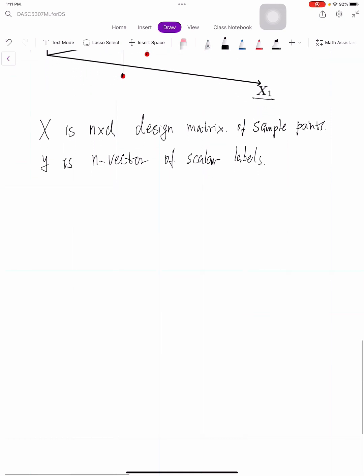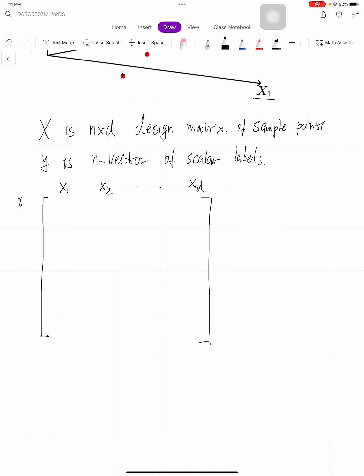For example, your data is usually summarized in an Excel file, where you have different columns. You have the first variable, the second variable. Suppose we have D variables, D features, and the row index denotes a sample.